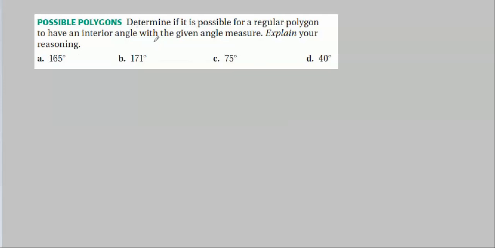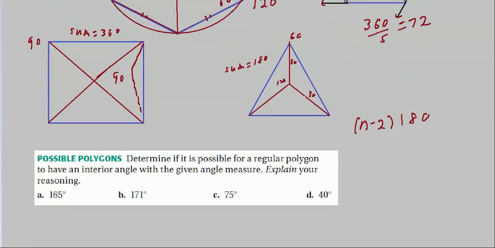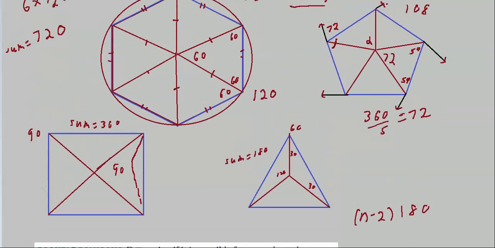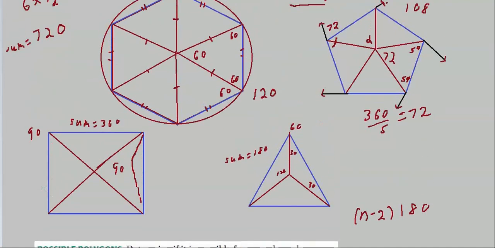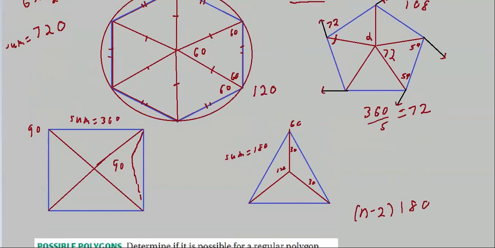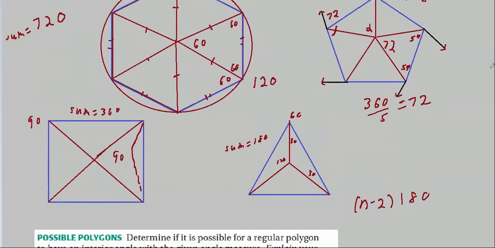Well, let's go back to our drawing. How did we arrive at the size of the interior angle? Well, we took the number of sides, divided 360 by that, and then subtracted that from 180.